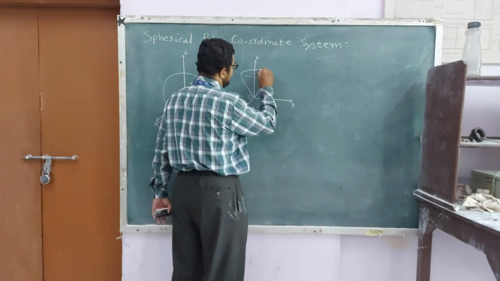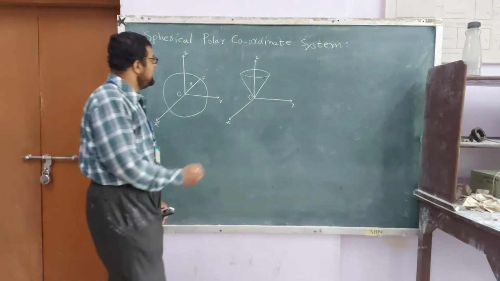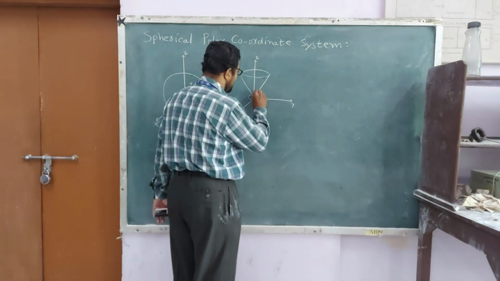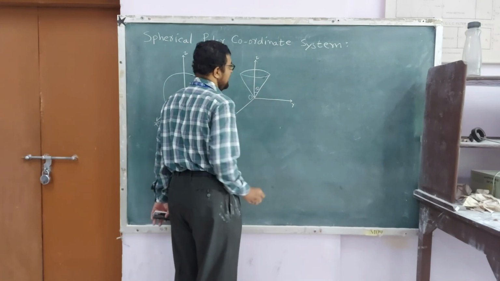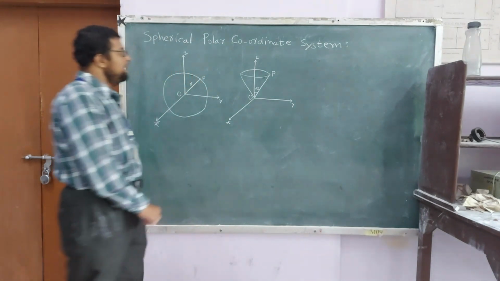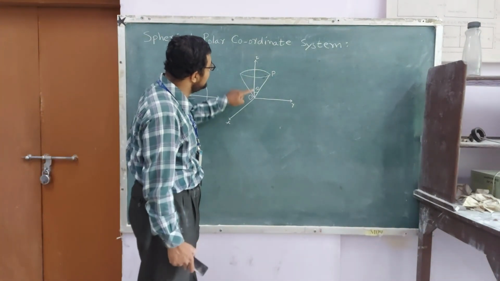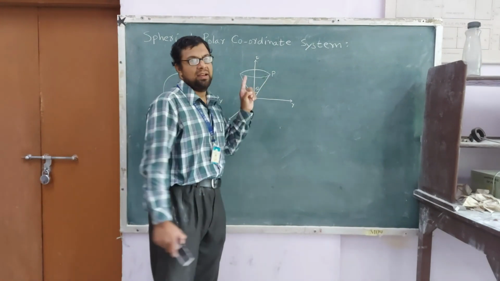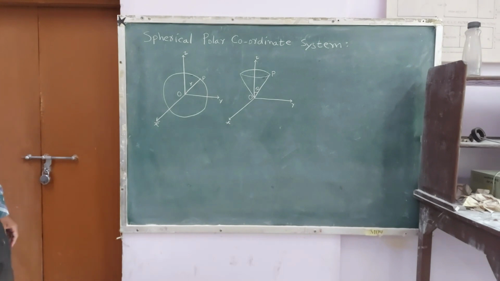So this is a cone. And this cone subtends an angle theta here. Okay. So this angle theta is there. And if I call this point as capital P, then this is our second coordinate, that is nothing but angle ZOP. Angle ZOP is our second coordinate.